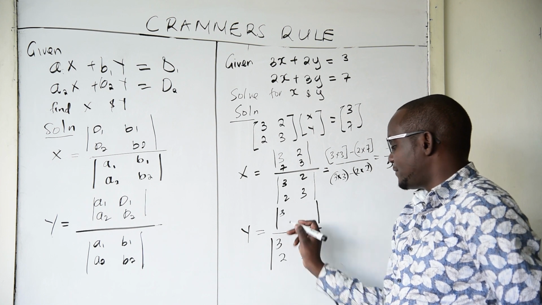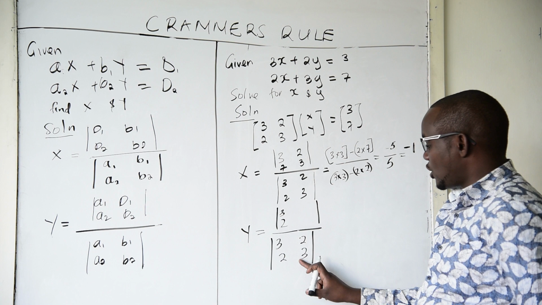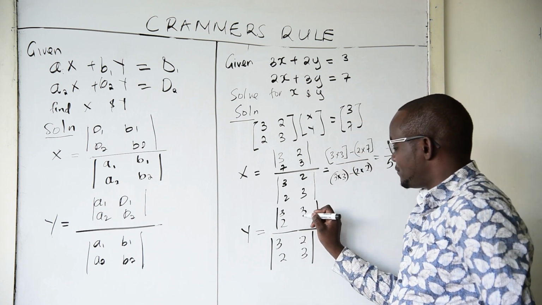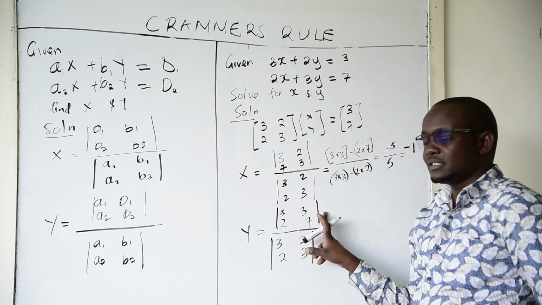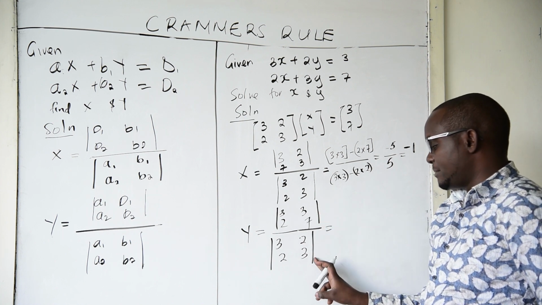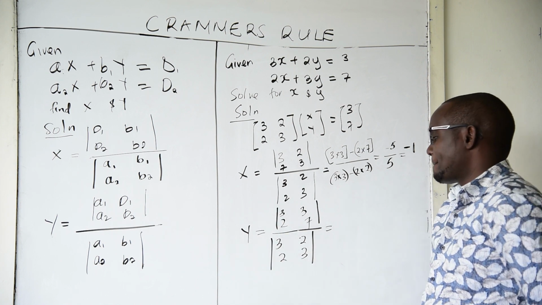So I maintain my first column as 3 and 2. The second column I interchange to have 3 and 7. And I find the determinant of this matrix divided by the determinant of the denominator matrix, then I'll get my value of y.